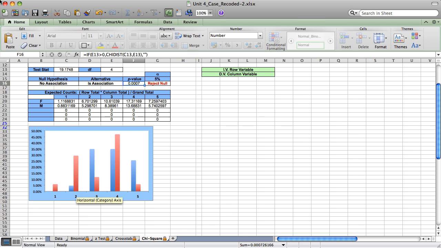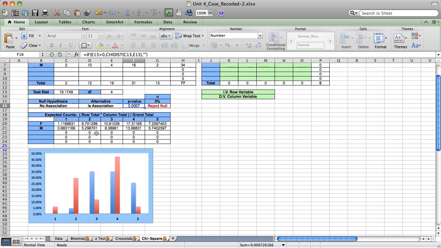And we can see that the difference is notable. Here in category 4, there is a difference, but it's not nearly as great proportionally. Categories 3 and 2 also show notable differences. It's these proportion or percentage differences, the specific effects, that are pooling to create our strong chi-square result.